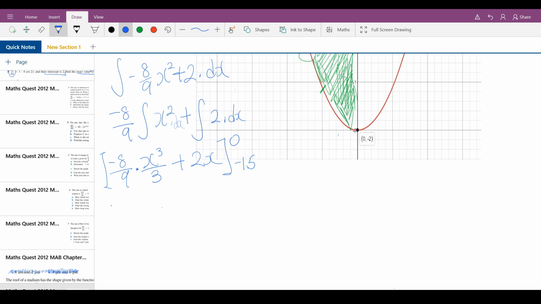That becomes negative 8x cubed all over 27. 9 times 3 is 27. Plus 2x, evaluated from negative 1.5 to 0.